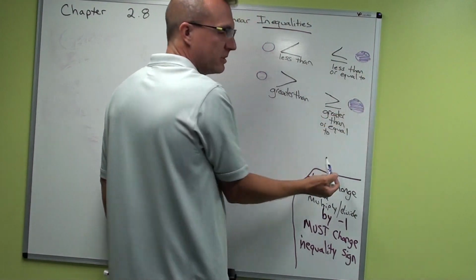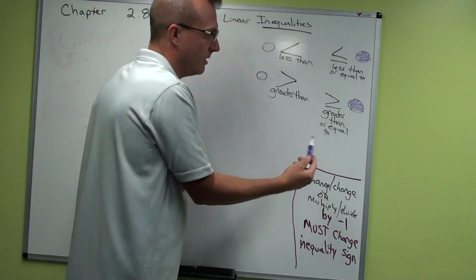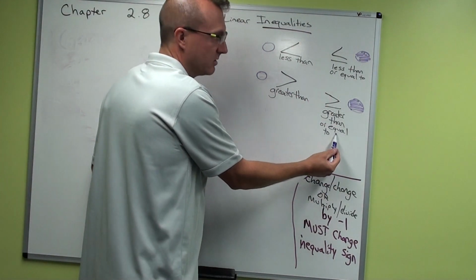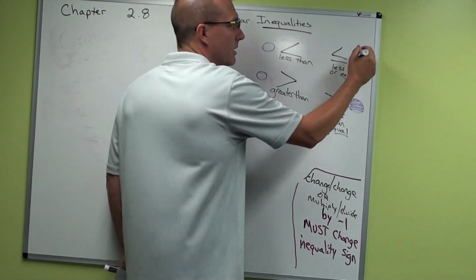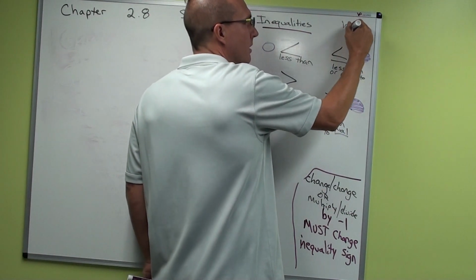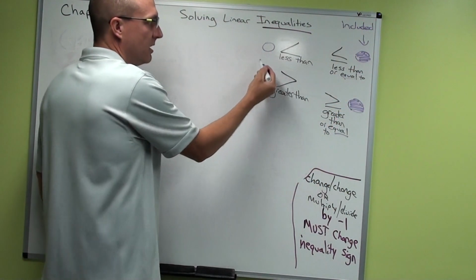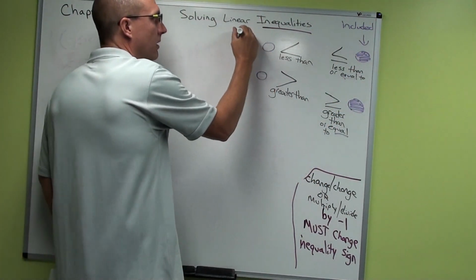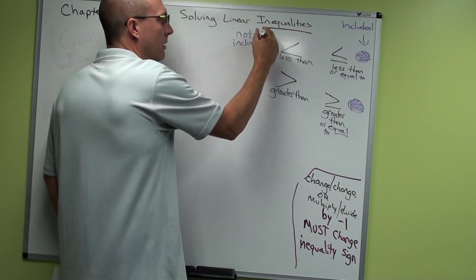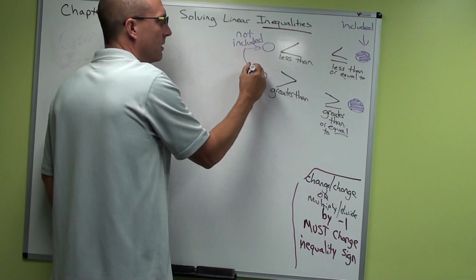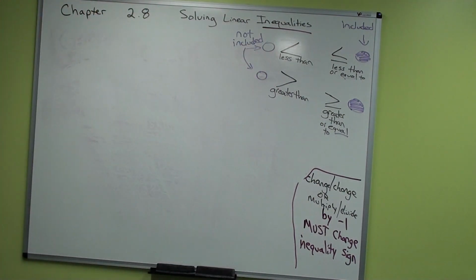The fill-in means the number that that circle's on is included in the answer, which means that's why it says equal to. When it says equal to, that means it's included. So these mean included, which then these mean not included. And that's this and that. Okay?